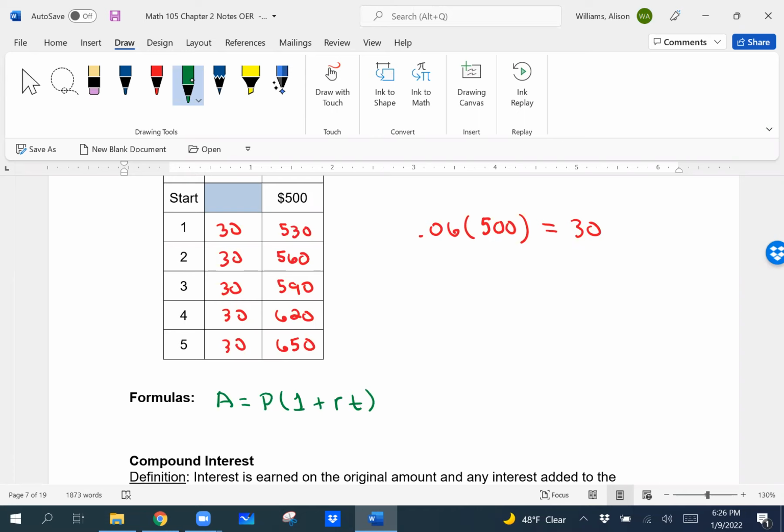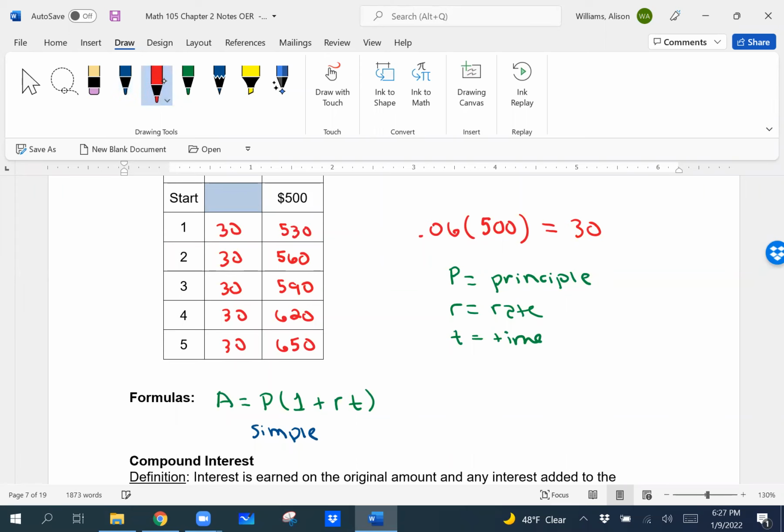A is the amount that we're going to have in the account. P is the principal. It's what we are either loaning or investing. R is our rate of percent, and T is time. All right. So that is simple interest here. I'm going to label that because I am going to put a second formula when we talk about compound interest.